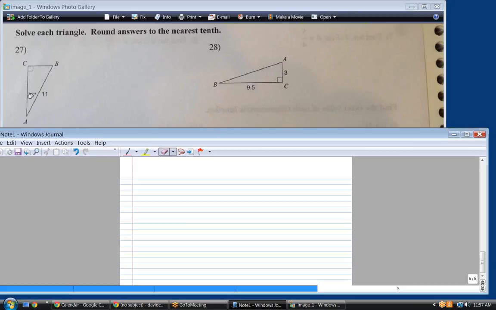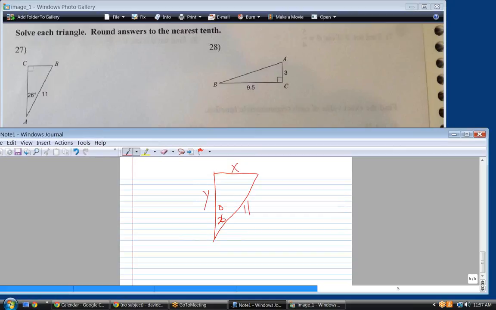So tell me the equation that I can use to help start solving that first triangle. We need to solve it piece by piece. We have an x side and we have a y side.